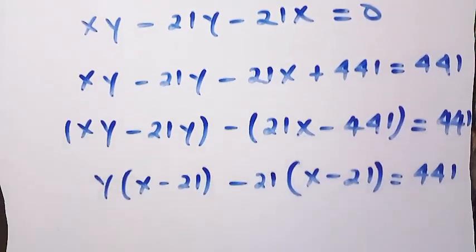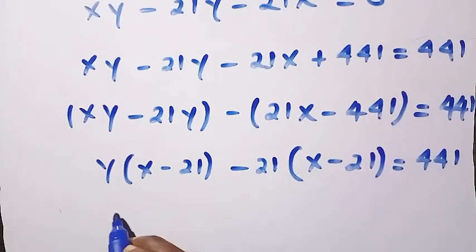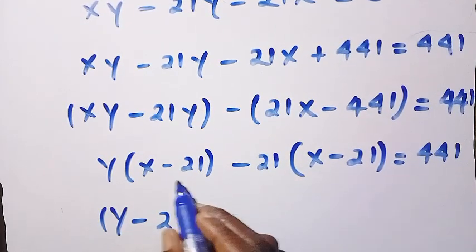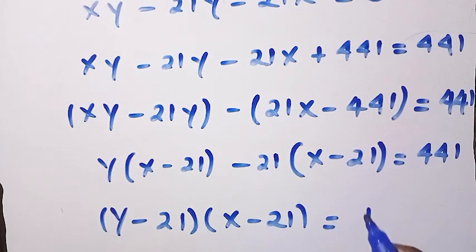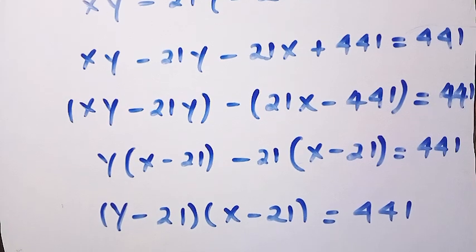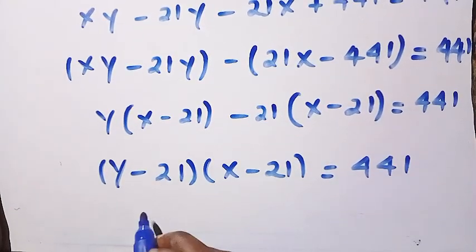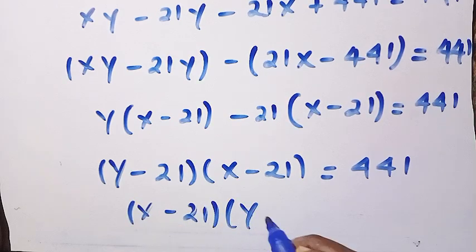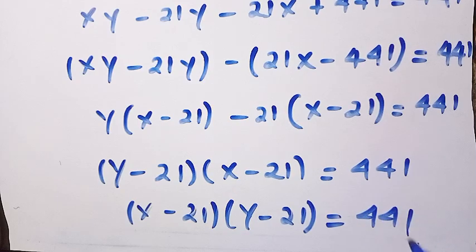And the next step is to combine y minus 21. So we have y minus 21, also we take x minus 21 equals 441. Let's rewrite this properly as x minus 21 multiplied by y minus 21 equals 441.